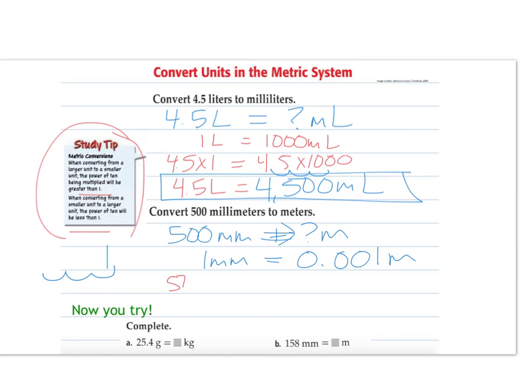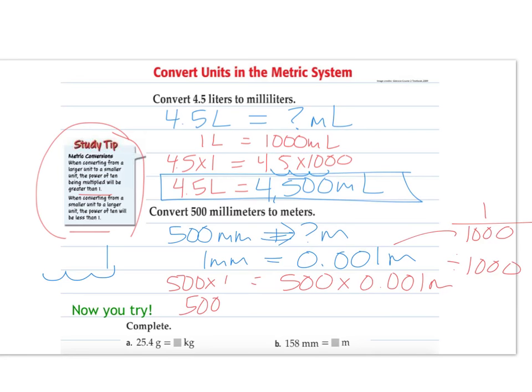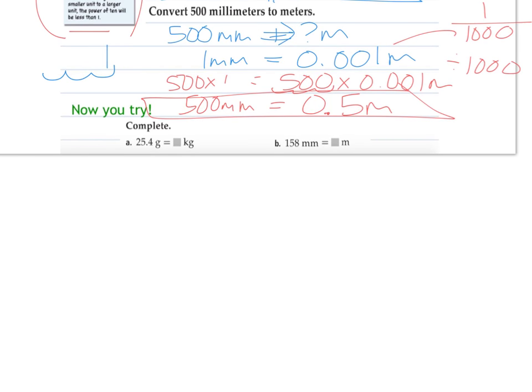Then that means I'm doing 500 times 1,000th, but this is also the same as dividing by 1,000 if you want to think of it that way instead. That might be easier for some of you. So I get that 500 millimeters is equal to, moving it 1, 2, 3, half of a meter. It can be a little tricky, so make sure you're paying attention to place value and try these next few.